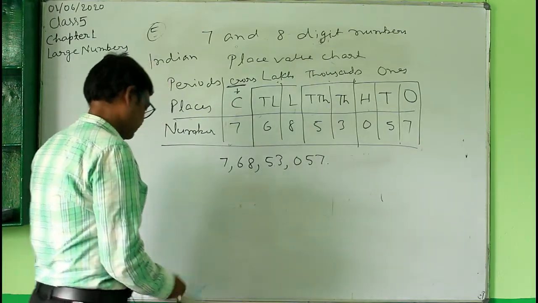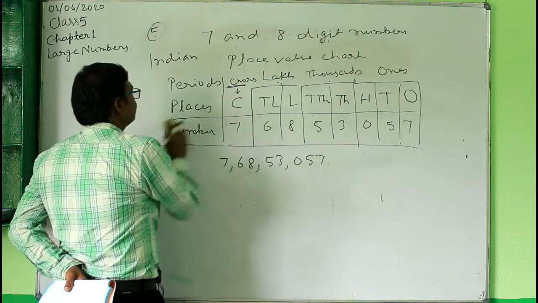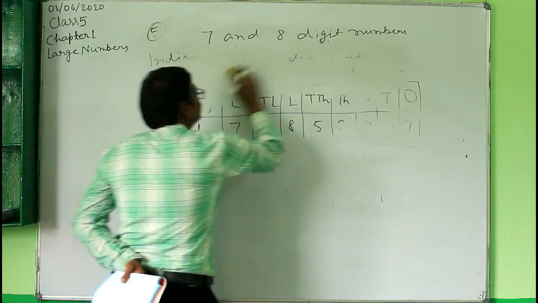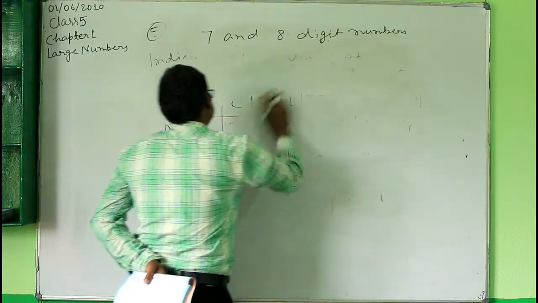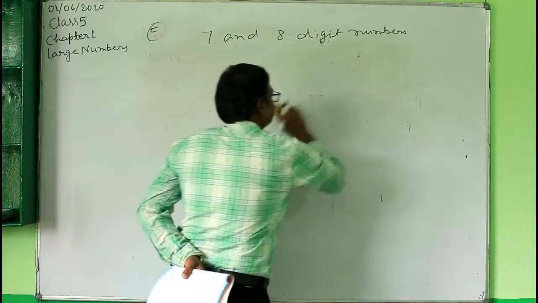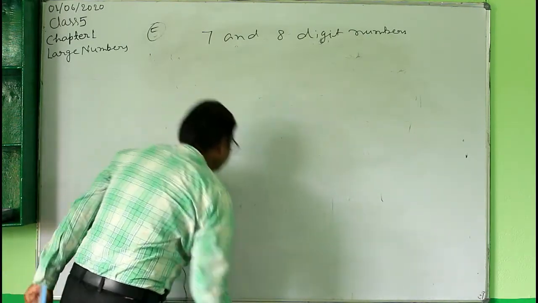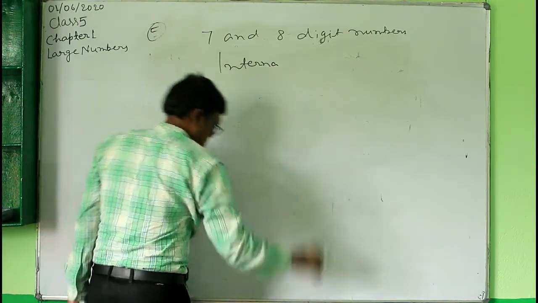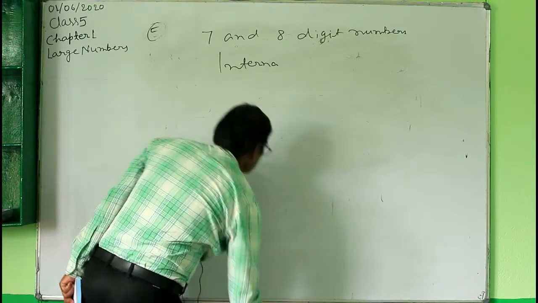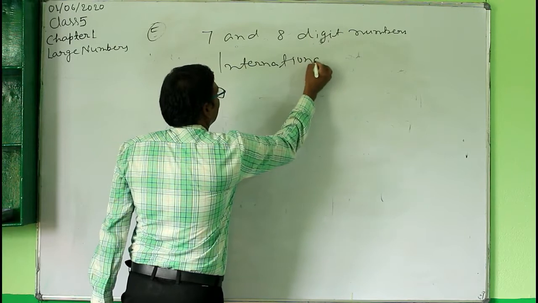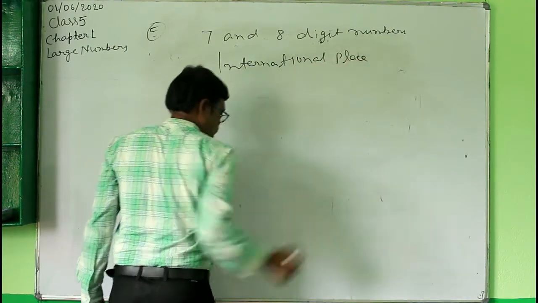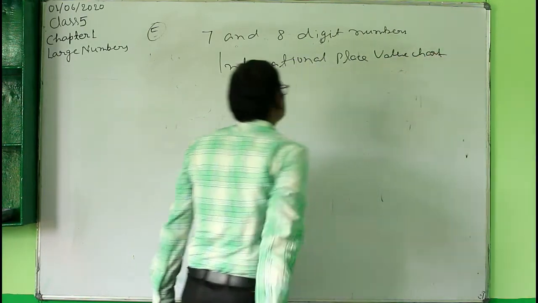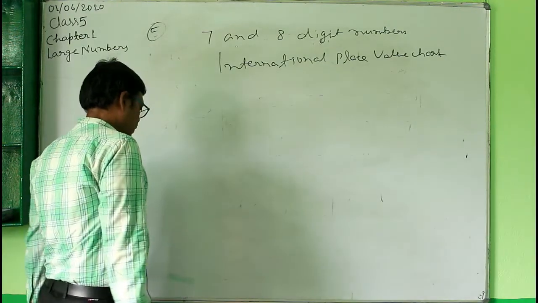The next is the international place value chart. In the international place value chart, what do we write first?